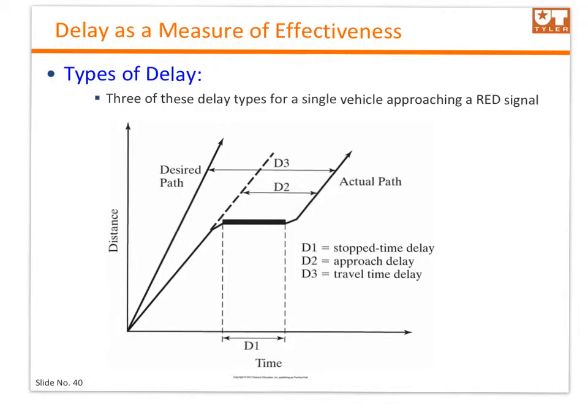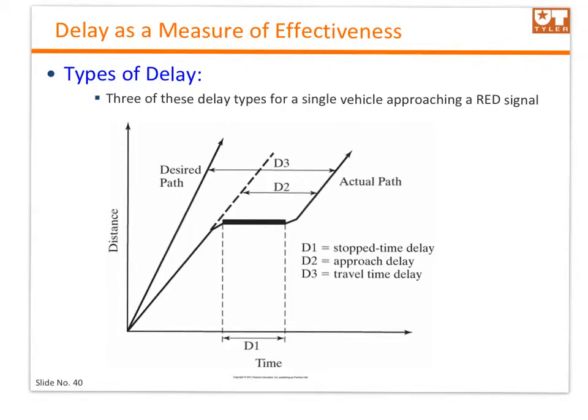If you are approaching a red signal, you are going to deviate from the desired path. The first line, D1: I keep driving until I reach the intersection, and now it's red, so instead of continuing on this path, I need to stop. D1 is the stopped time delay, which is the time that I will be stopped because of the traffic signal. D2 is the approach delay.